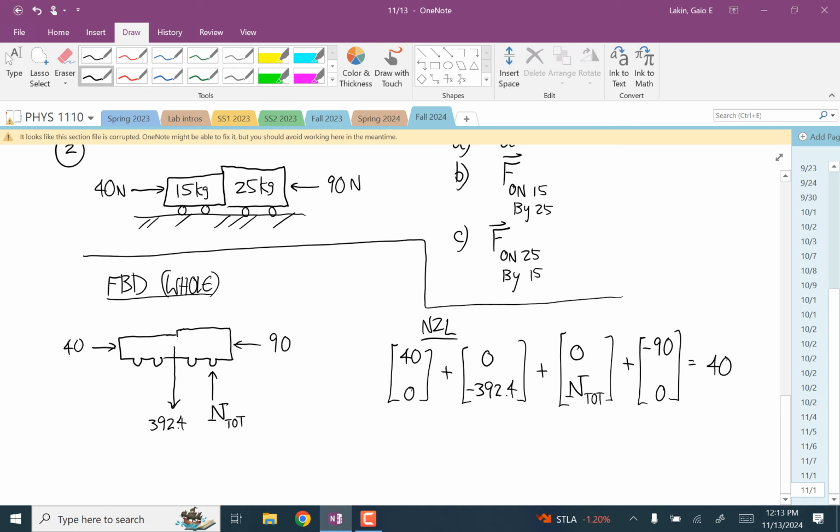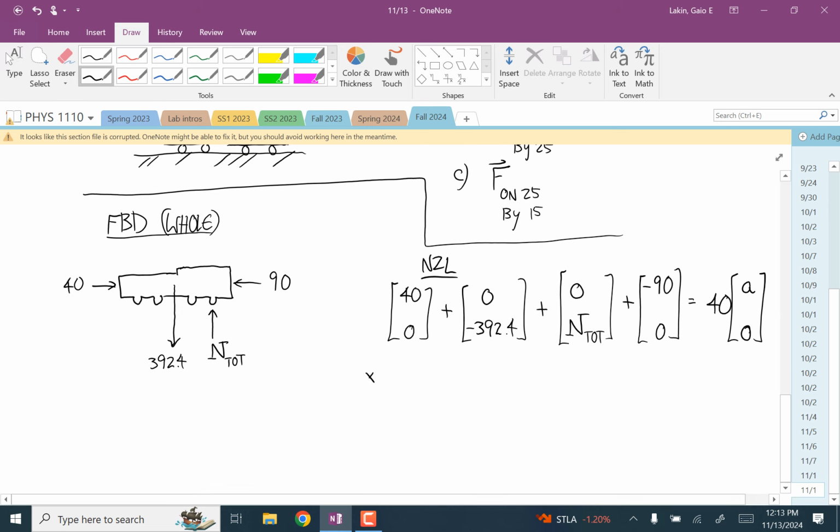This is moving along the x direction, so our acceleration is just going to be a, 0. Everything we're looking for is given in the x components, so I'm just going to use the x equation here.